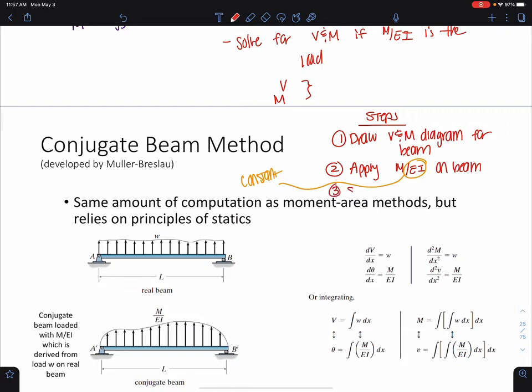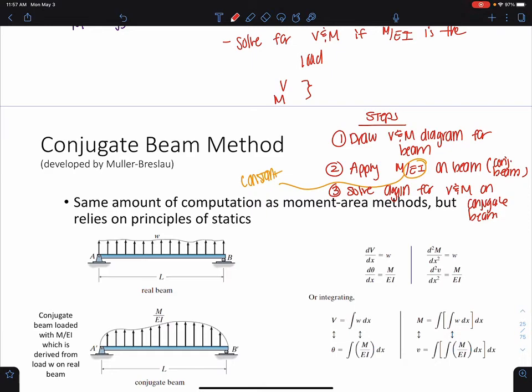And 3, solve again for V and M on conjugate beam. What's a conjugate beam? This is my conjugate beam.